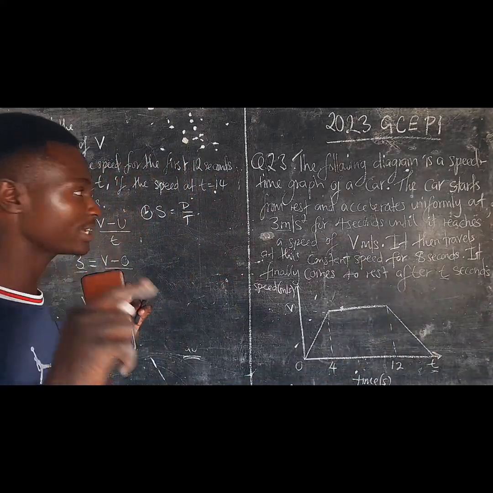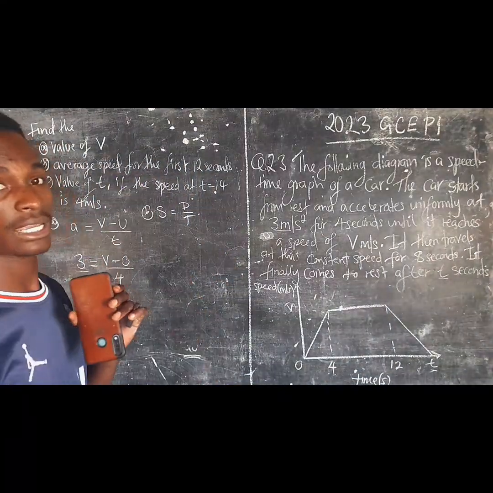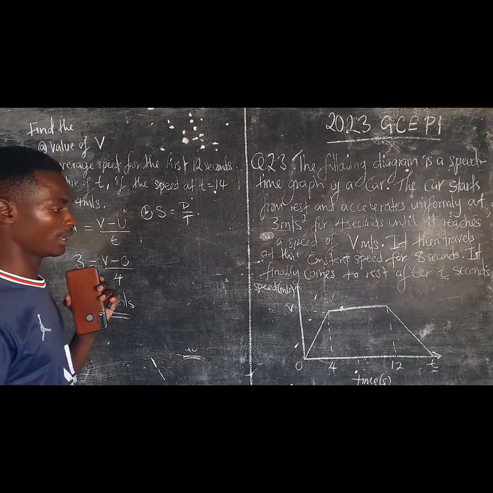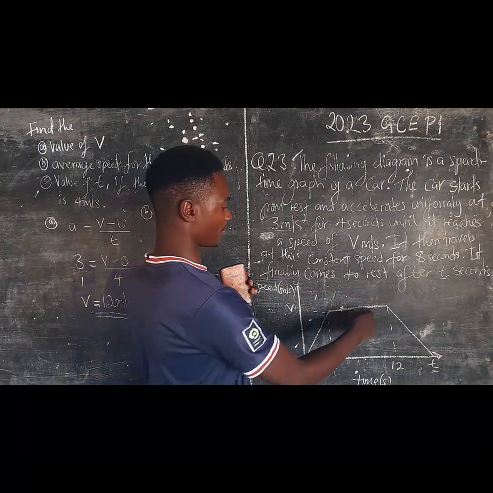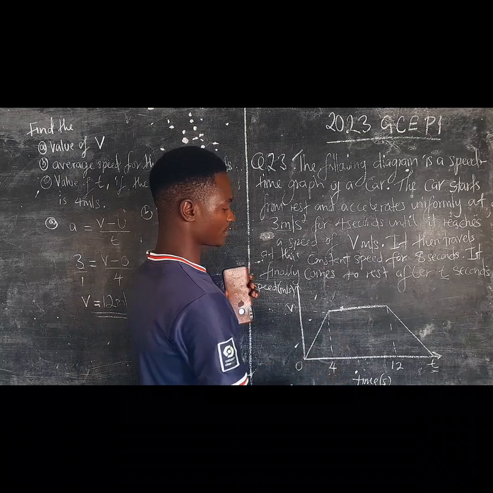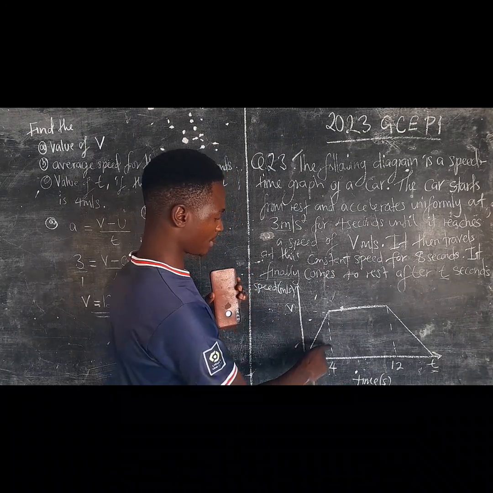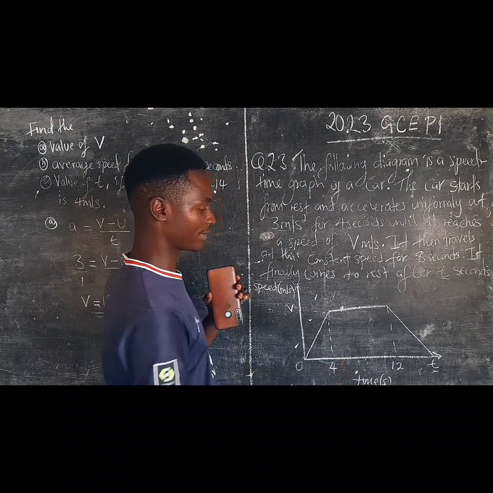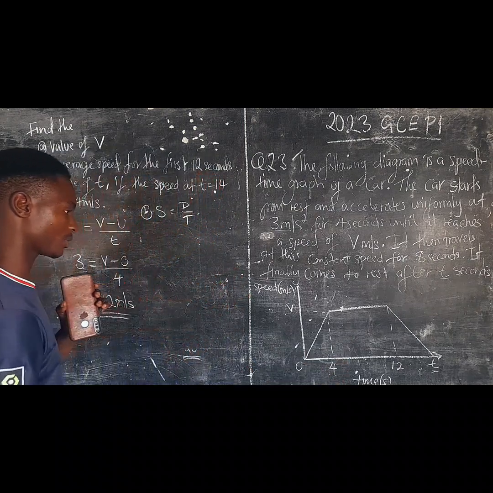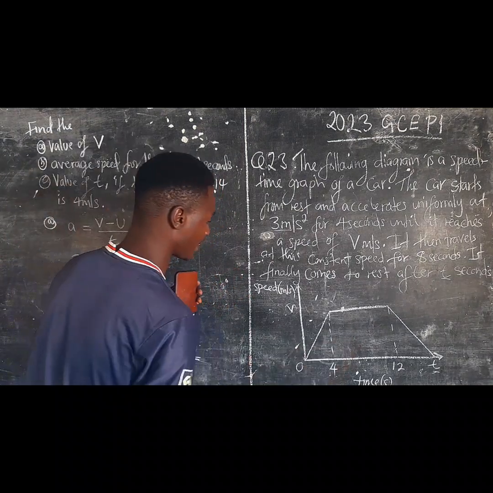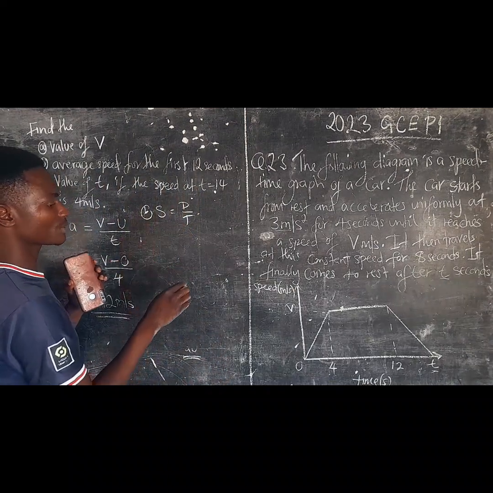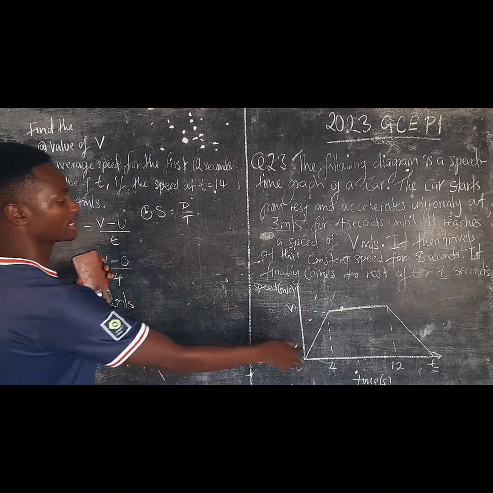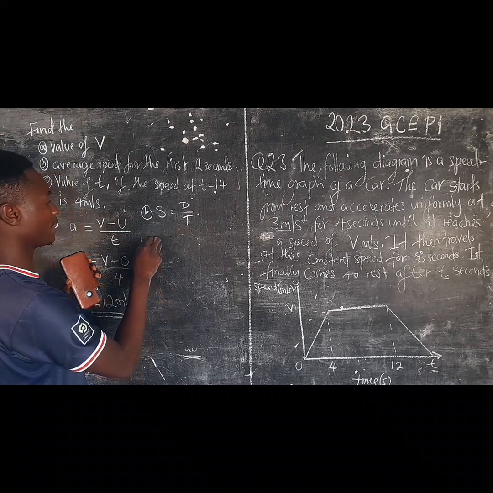So the first thing is to find the total distance covered. When you look at this shape, we have two shapes, a triangle and a rectangle. So it's a trapezium. We're going to use the formula for trapezium to find the total distance.